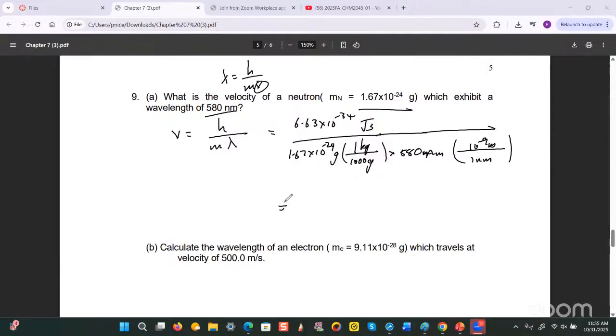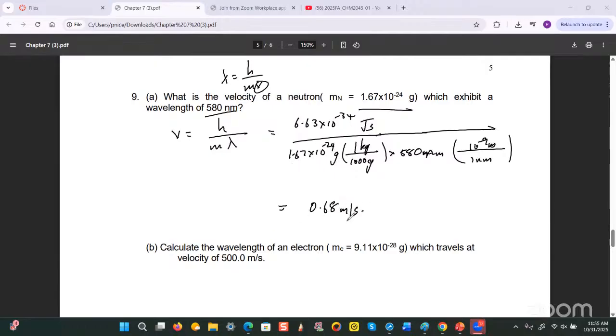And the answer I got when rounded off to 2 sig figs because of the 580 here would be 0.68, 0.68, and the units would be meters per second, all right?